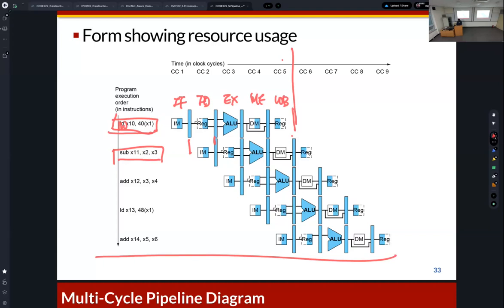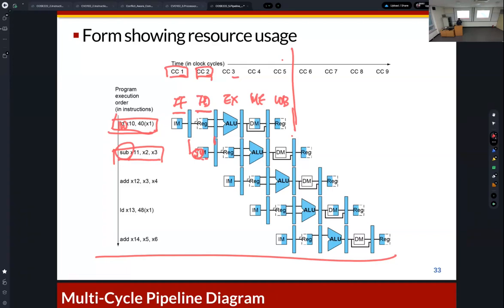This is the clock cycle, and this number represents the clock cycle number, and we also identify the location of each instruction. In clock cycle number 1, the load instruction is in the instruction fetch stage, and in clock cycle number 2, the load instruction is in the ID stage, and at the same time the next instruction, sub, is in the instruction fetch stage, right?